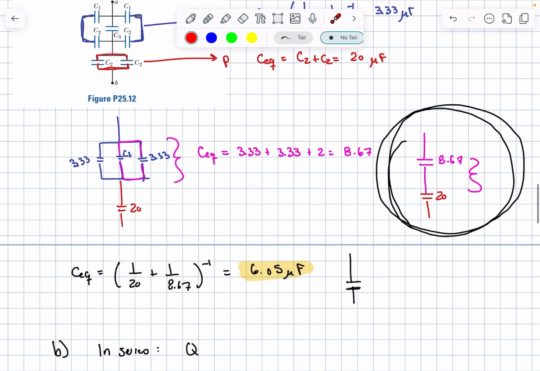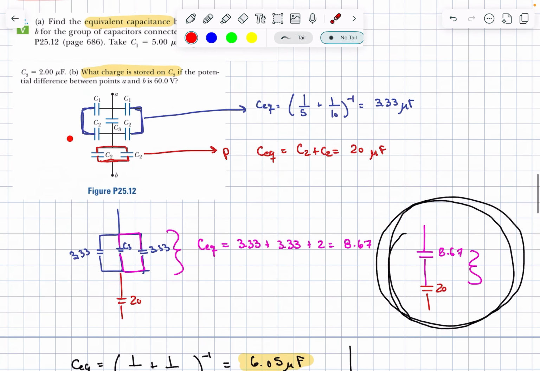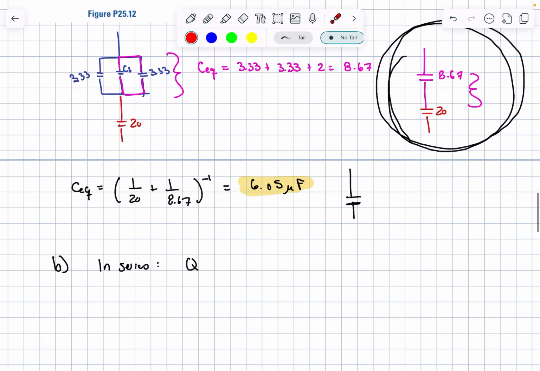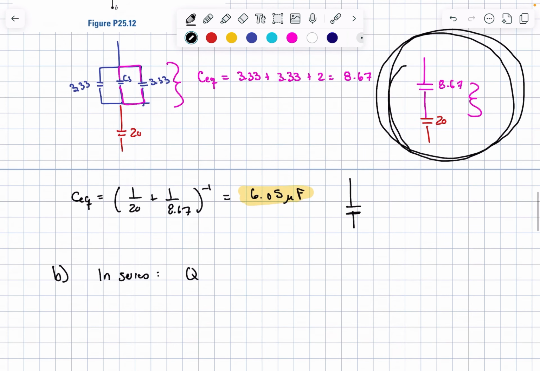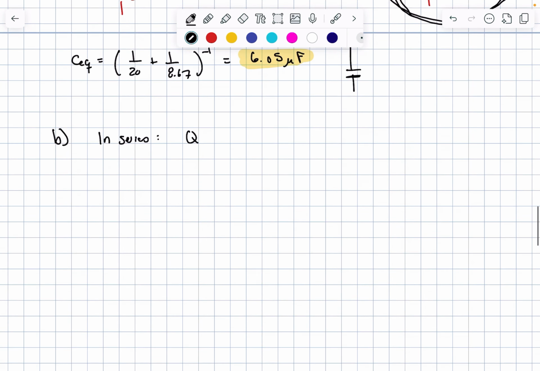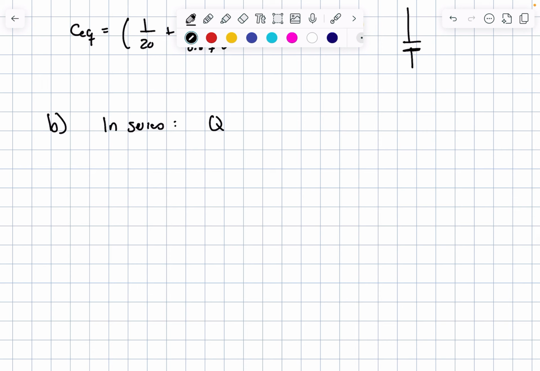And we know that this pink region was actually part of this bigger blue region, which was actually part of this really large region here, right? So the first thing we're going to do is figure out how much charge was on the 8.67 and 20 plates. In the upper section, we're going to call that the 8.67.